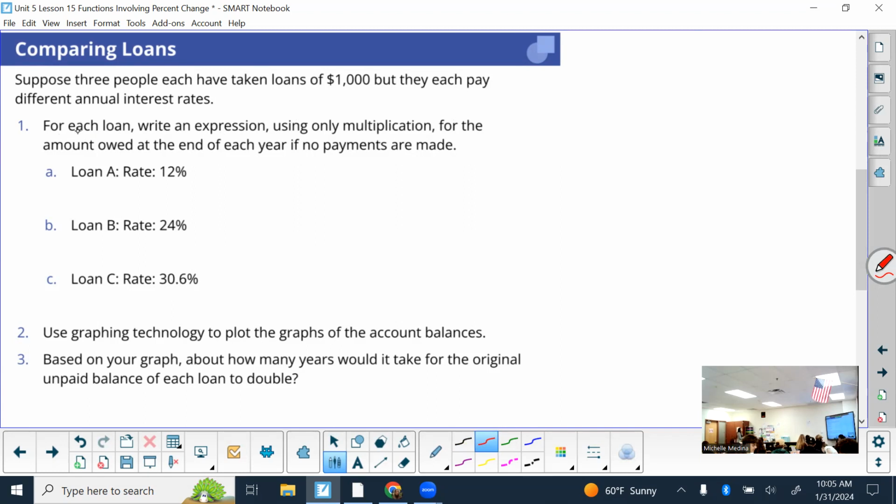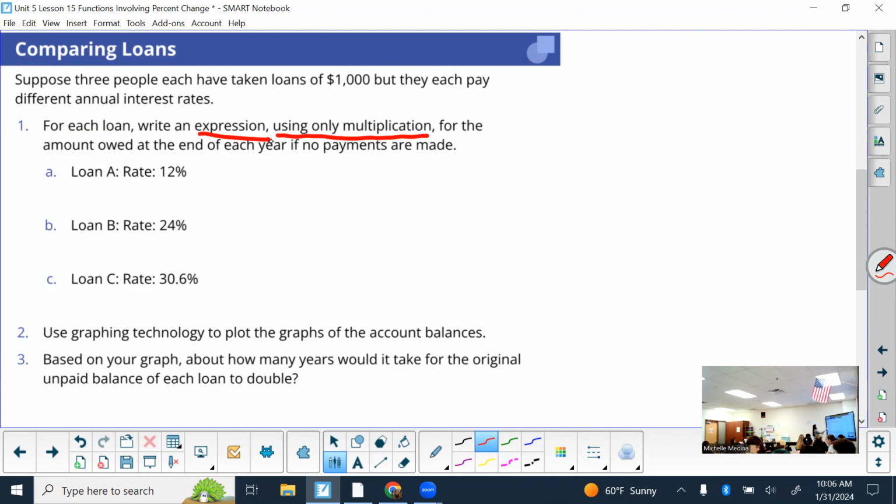Now, for each loan, you're gonna write an expression using only multiplication. So make it look like your exponential functions for the amount owed at the end of each year if no payments are made. Also, we want an expression. We don't want like an answer necessarily. We want a setup.